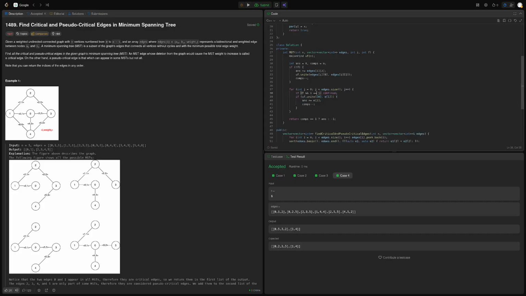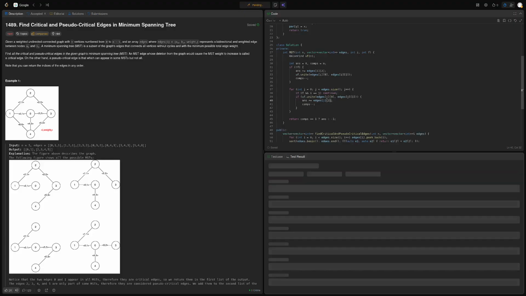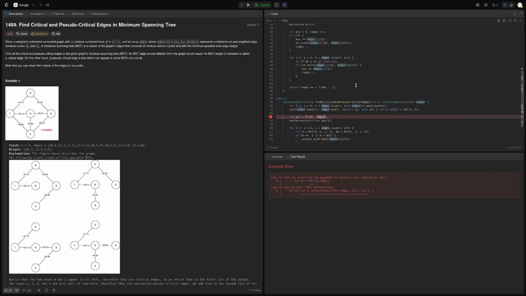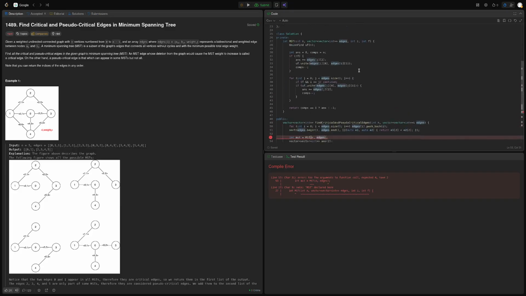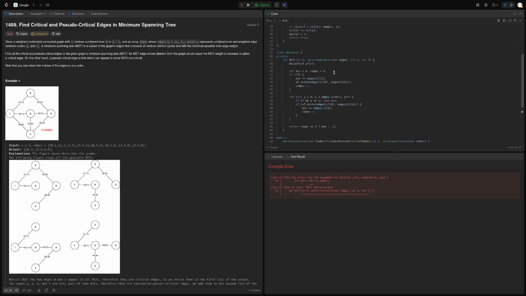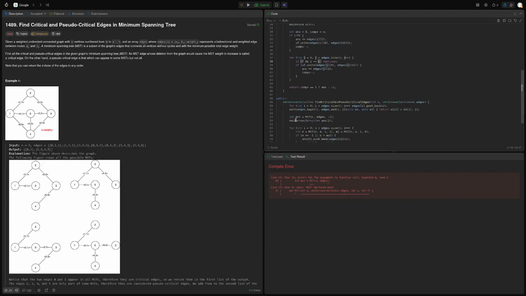I mean, that's a useless access, but whatever. Edges j this. Okay, probably don't want to skip anything, so minus 1, and flag should be 1.